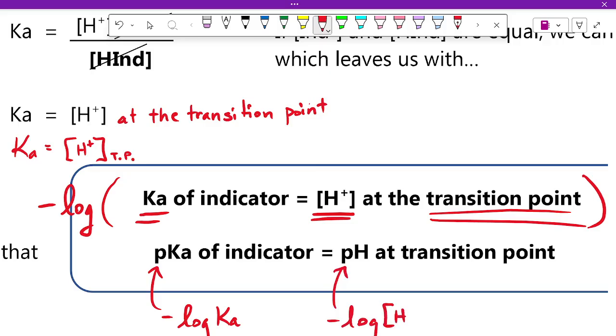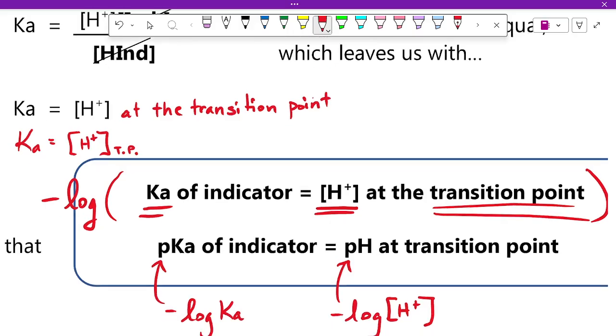So pKa of the indicator is equal to pH at the transition point. So all three of those things are true at the transition point. HIND equals IND minus, Ka equals H plus at the transition point, and pKa equals pH at the transition point. Those three things are true.